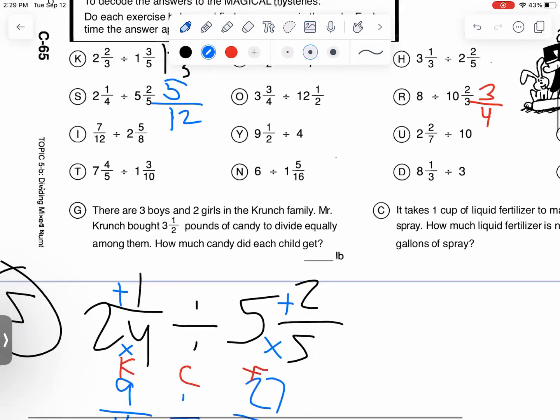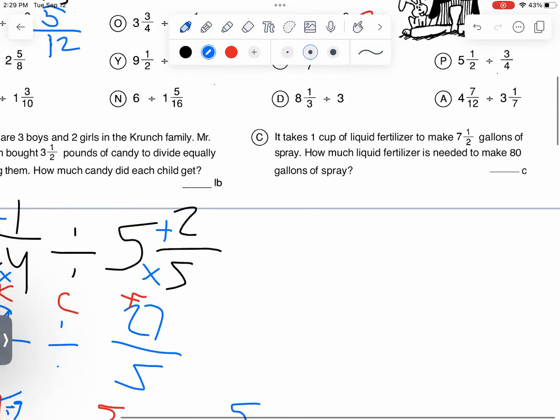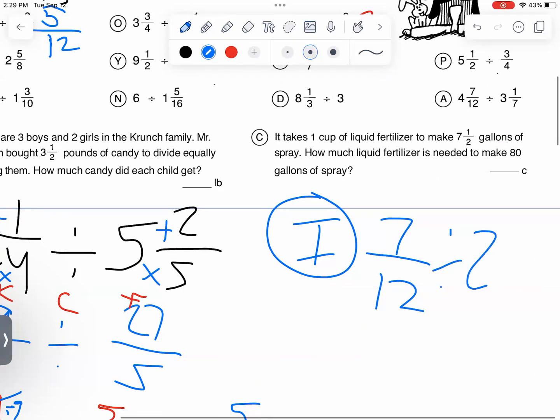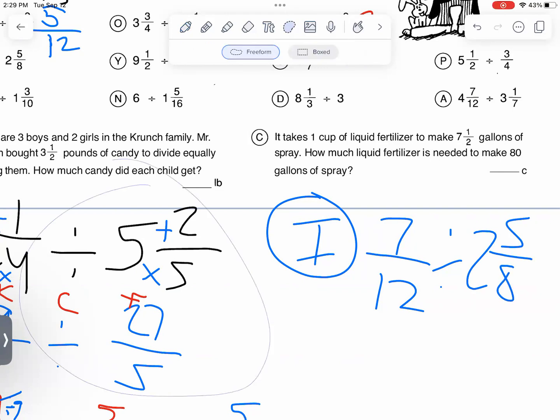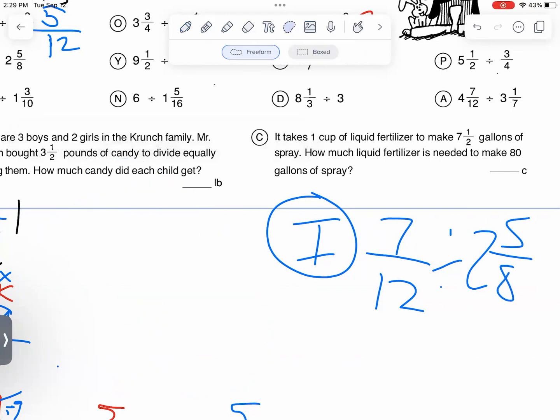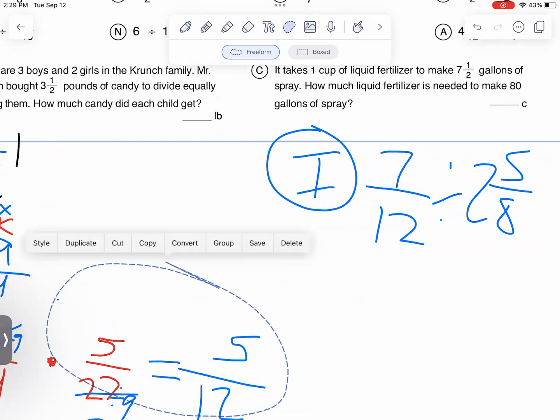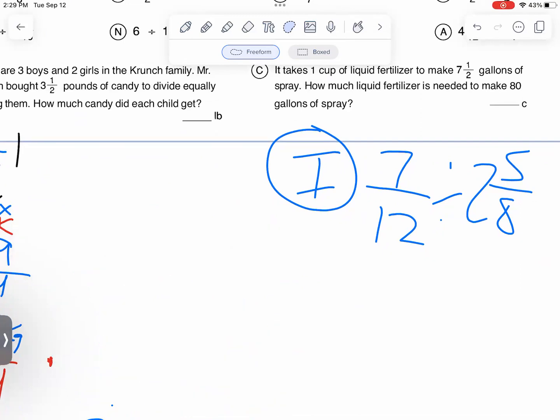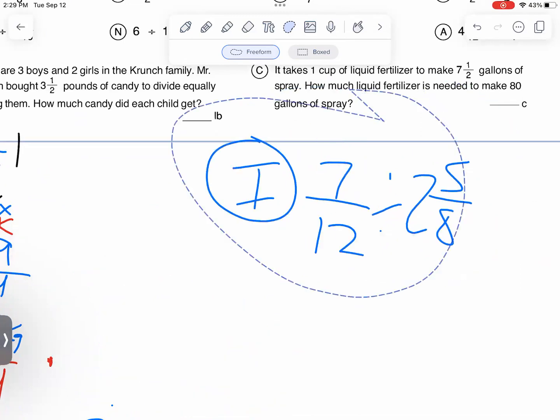All right, I: 7/12 divided by 2 5/8. Let's move this over a little bit here.